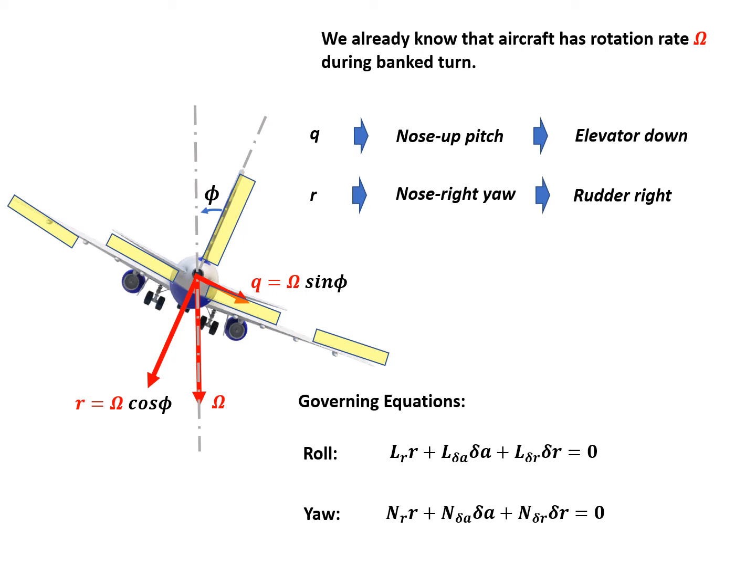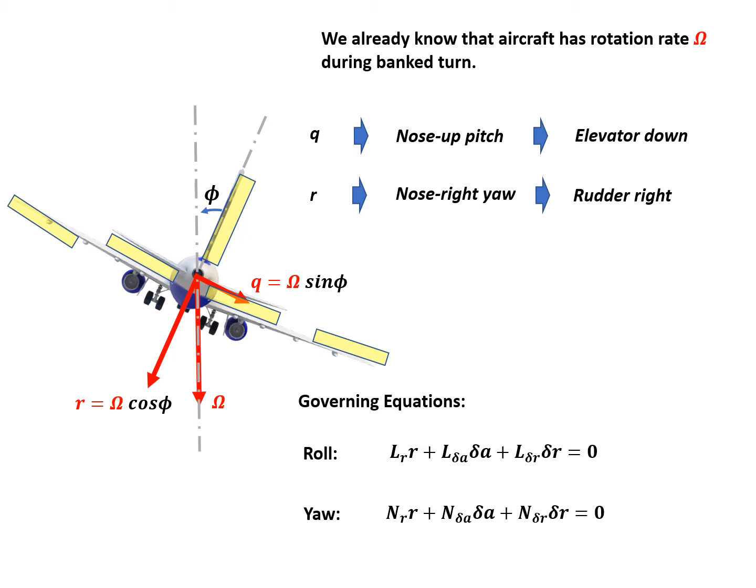Similarly, we can write down the yawing moment equation, just replacing the L by N. So those are the governing equations for roll and yaw. You may wonder what happens to the pitch. We will see that later.